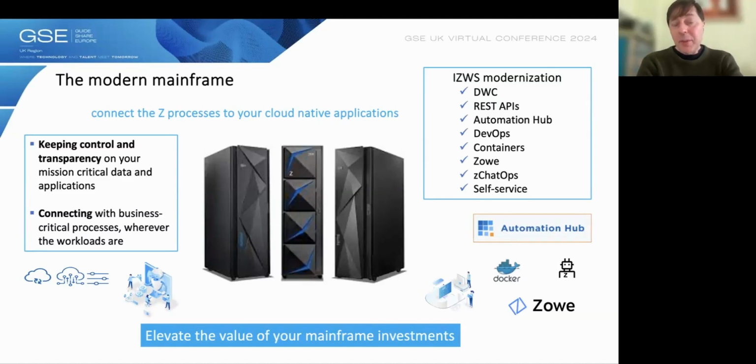So the modern mainframe goes a lot through the modernization of the interfaces, providing a web user interface for people that need to work with the product and don't have the legacy ISPF skills. They can use the web user interface.